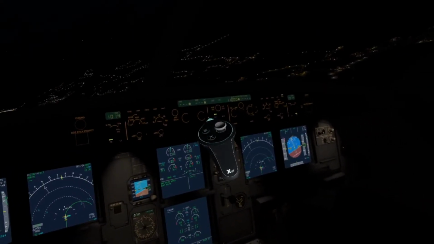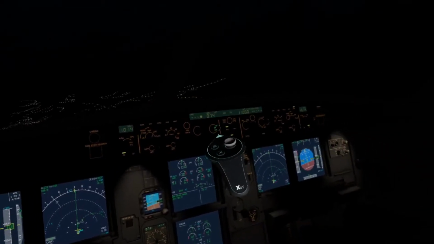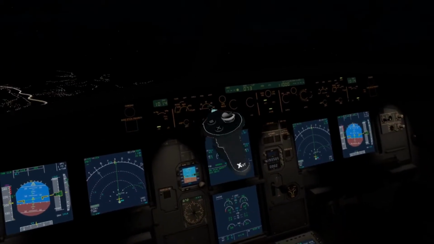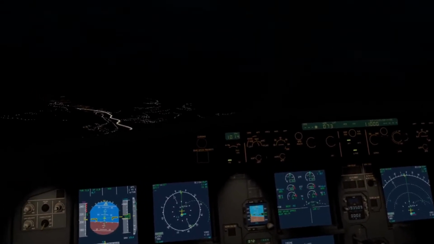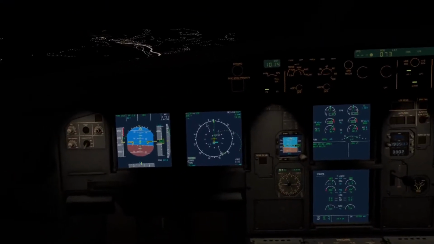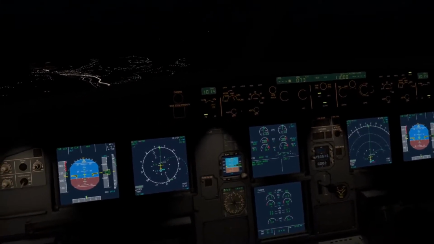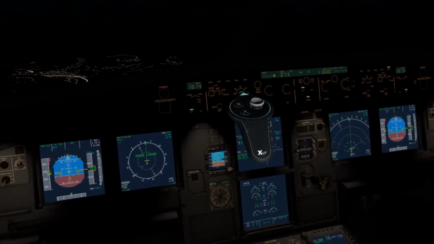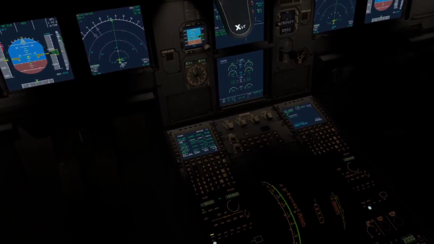We're gonna have to wait right here before we do a turn, because we're not yet high enough to make our turn yet. To wait until we get up to at least 10,000 feet basically. Yep, no worries with that.